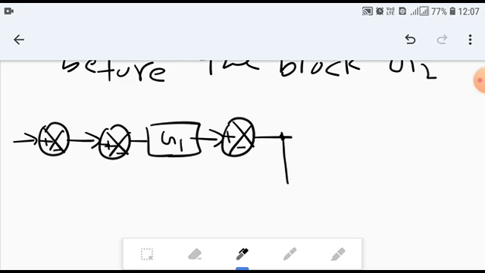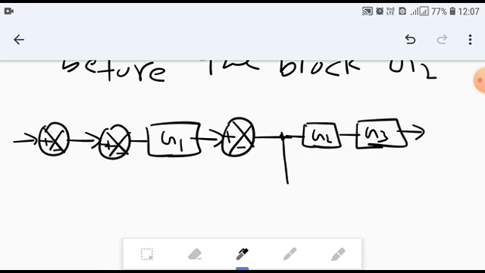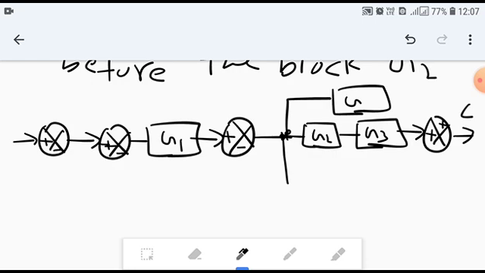So between G2 and G3 now we don't have any takeoff point, and that is connected to the summing point. And here we have the output C, this is plus, and from this point we have in parallel G4, which we have not made any changes to, that is connected to the summing point 4.